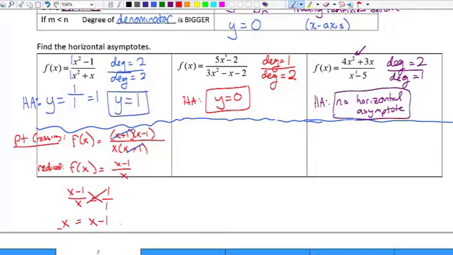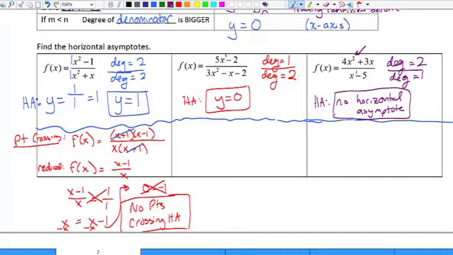And then when I solve by subtracting x on both sides, that gets me 0 equals negative 1. Well, that doesn't have an x in it anymore at all, does it? And 0 never equals negative 1. So therefore I can say that there are no points crossing the horizontal asymptote. If you are trying to solve for x and the x value goes away, well, then there isn't a point that crosses. And that happens quite a bit.